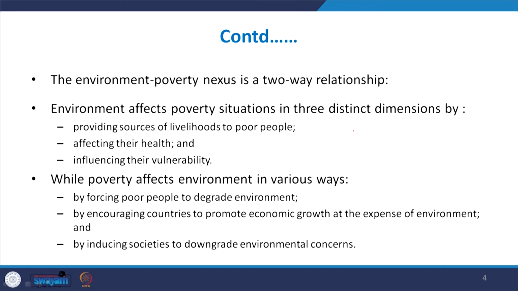Second way is poverty affects environment in various ways. So, not only does environment affect poverty, but poverty also affects the environment.